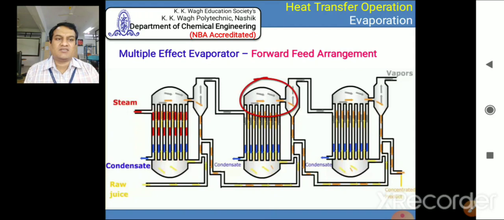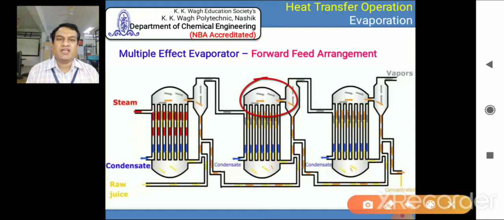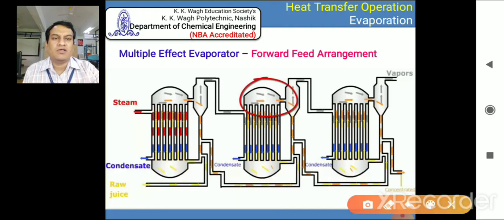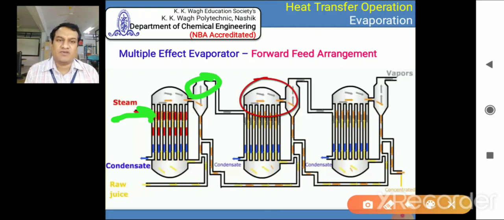Why is it called forward feed arrangement? Because the feed is forwarded, or parallel, to the steam. If you observe the steam, then you can understand this steam is supplied, as we have already discussed in the previous slide. The steam is used as a heating media, and the vapors generated from the first effect go to the second effect as a heating media, right?